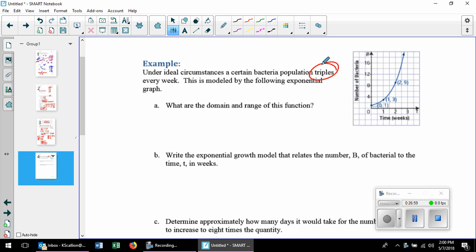What are the domain and range of this function? So the domain is 0 inclusive to infinity, and the range is 1 inclusive to infinity.